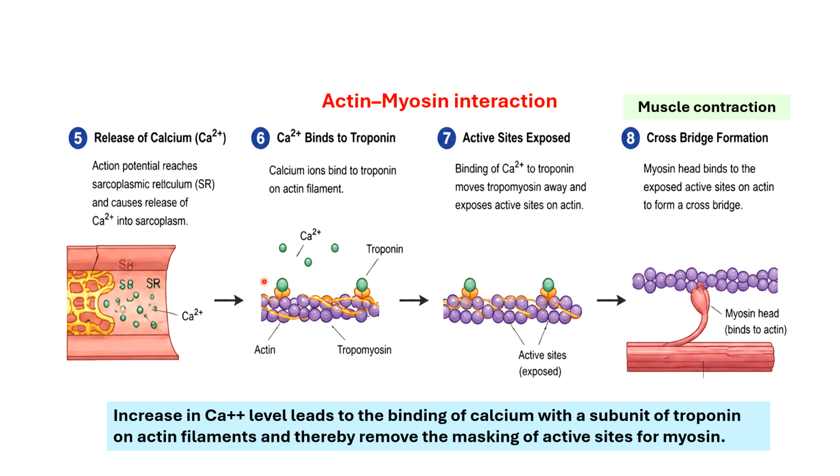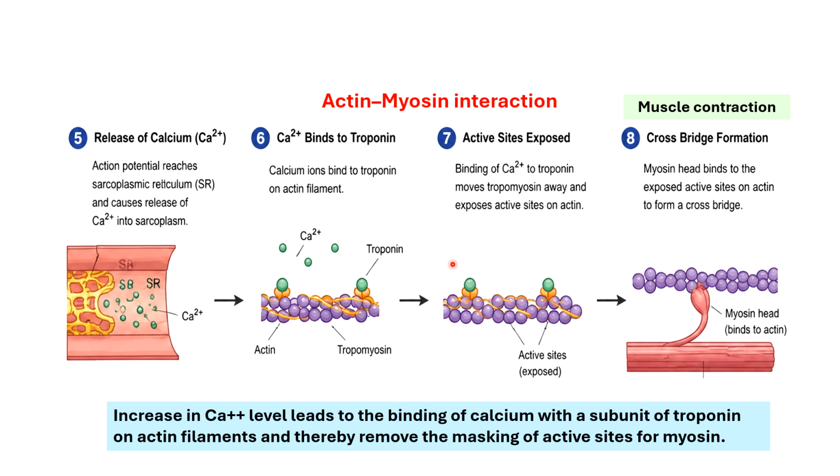Okay, now this binding of calcium 2 plus to the troponin molecule shifts the tropomyosin molecule a little bit. And what does it do? It unmasks the active site present in the actin molecule to bind with the myosin molecule.